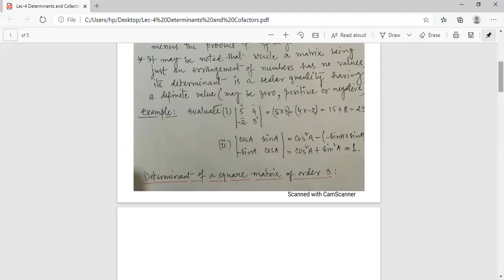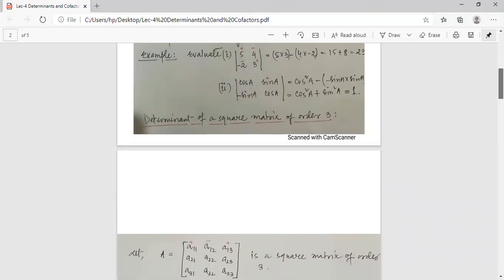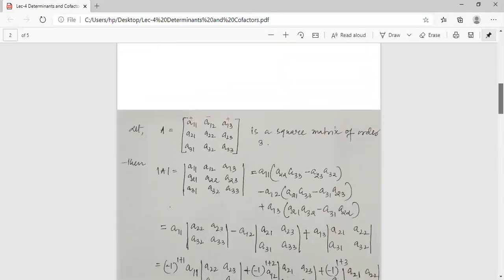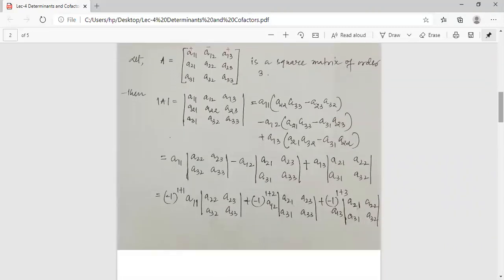Now let us see how we can find the determinant of a square matrix of order 3. That means a matrix having 3 rows and 3 columns. Suppose this is a matrix of order 3.